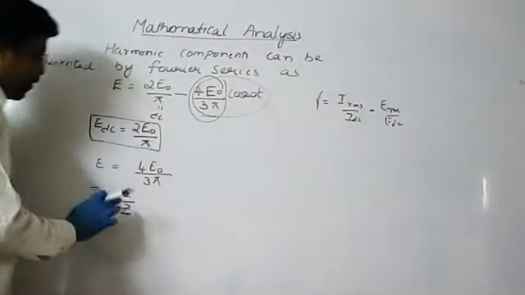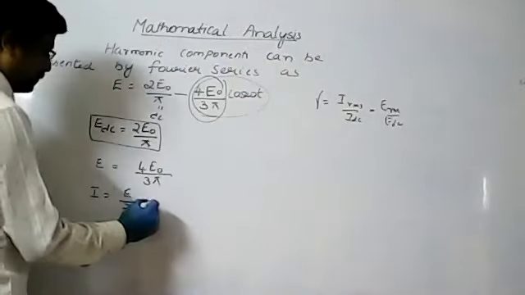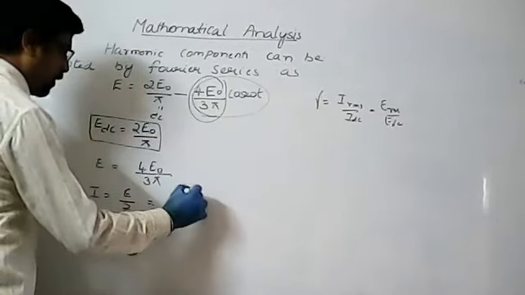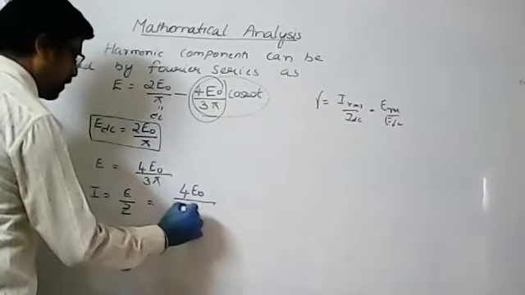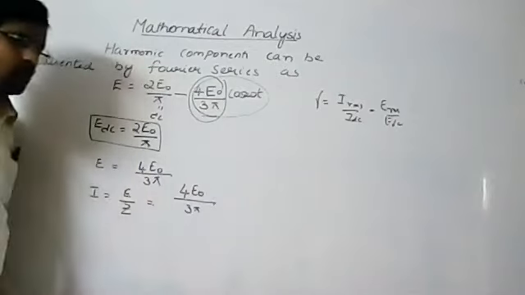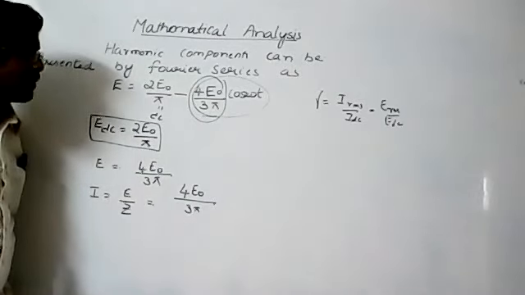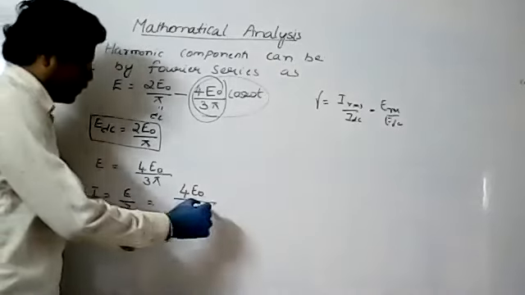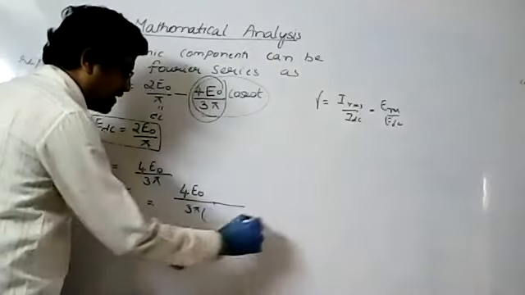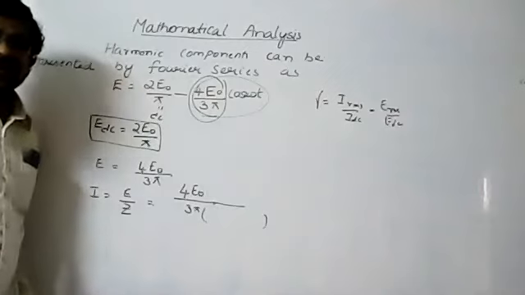So now what is E here? 4 E naught by 3 pi, into Z. What is Z?